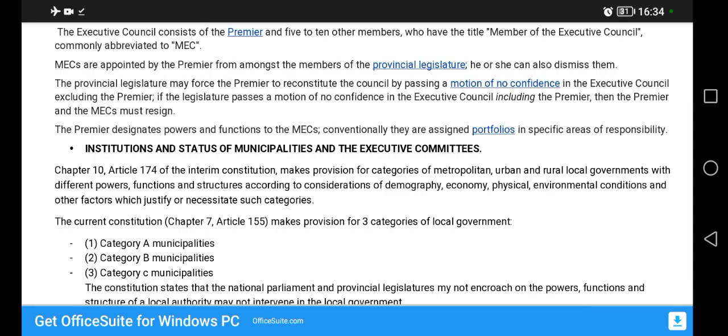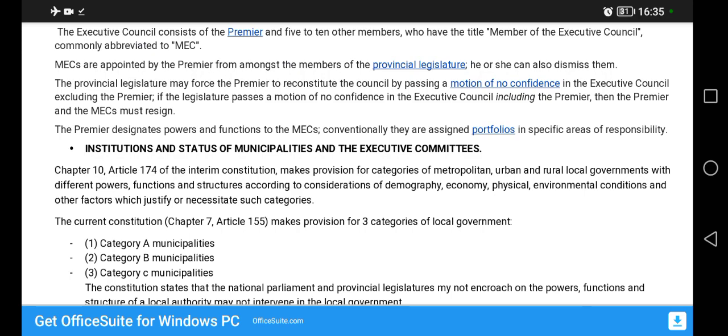The Premier designates powers and functions to the MECs. Conventionally, they are assigned portfolios in specific areas of responsibilities. So what they say there is that the Premier can say, you 10 members who are part of my team, you, number one, you're going to deal with the Department of Education.